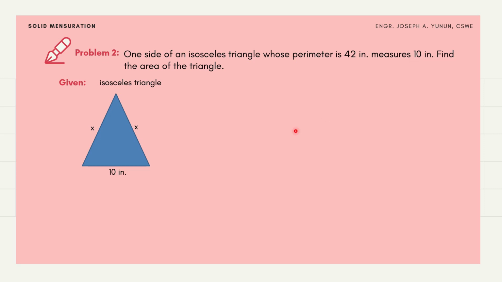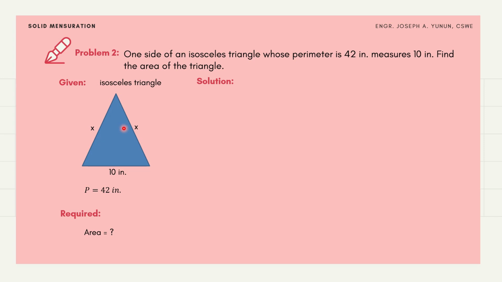You have one side which measures 10 inches, and the two congruent sides are unknown. Also, one of the given is the perimeter, which is equivalent to 42 inches, and the required is the area of the isosceles triangle. So how are you going to approach this one?